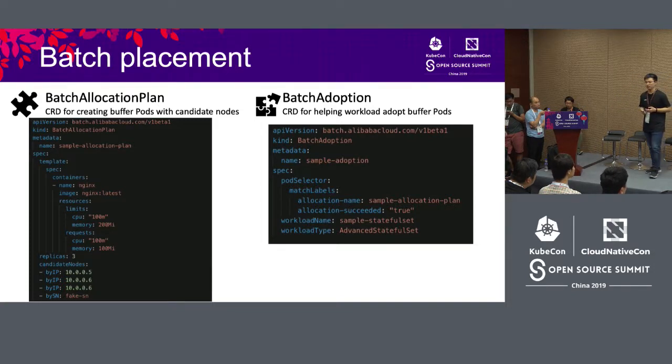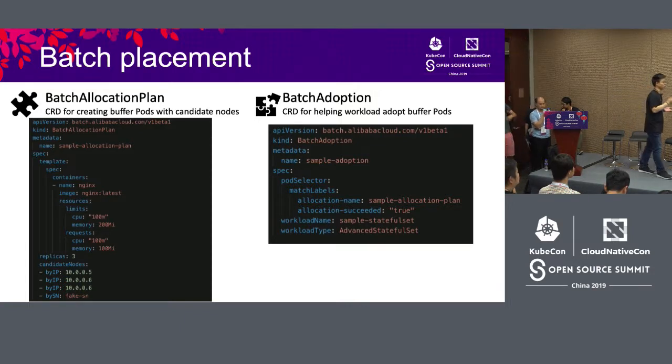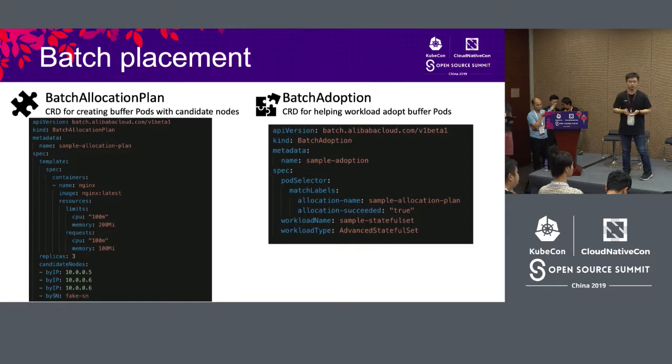So the batch allocation plan allows the creation of buffer pods until we distribute the resources at a reasonable level. When it meets our expectation, we will reinforce that action. In this way, the overall resource distribution meets our expectation.